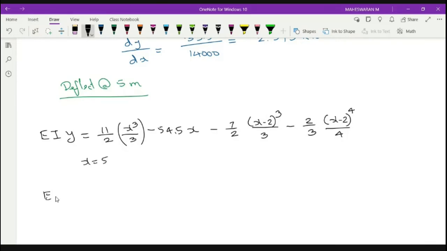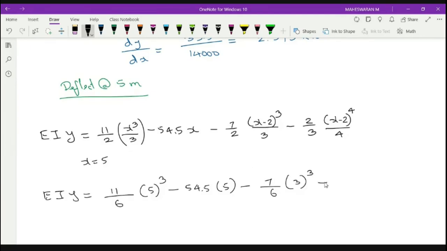So EIy is equal to 11 by 6 into 5 cube minus 54.5 into 5 minus 7 by 6. So 5 minus 2 is 3, 3 cube, minus, so this is, I think, 1 by 6, right?